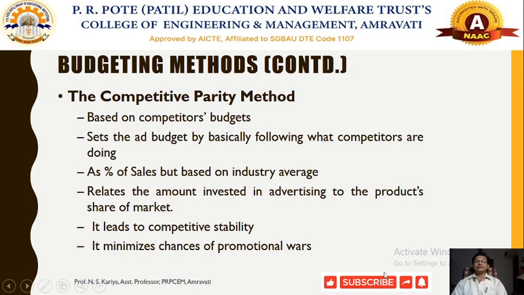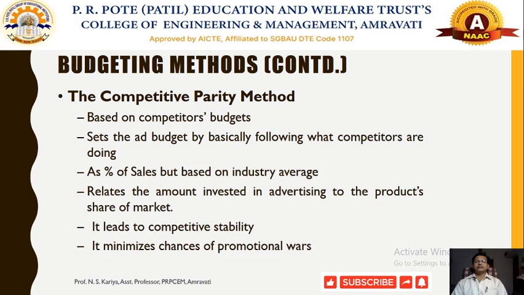Here the company should match the standard, at par with the competitors, so they are not far behind, and they try to get a competitive advantage in the market, and simultaneously focus the product on the target market segment, and try to convince the targeted group of customers by using effective advertising. So in this way the competitive parity method will work.